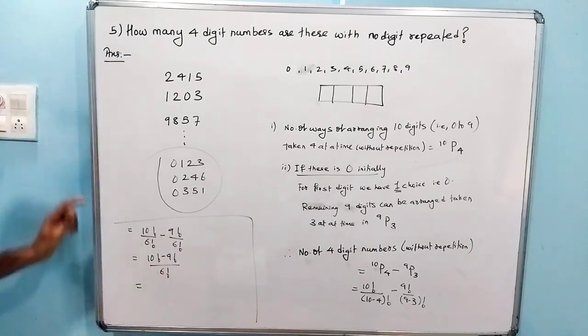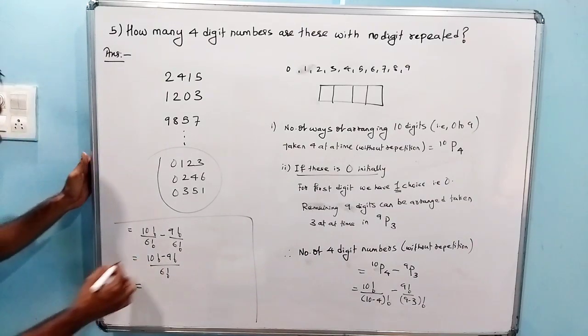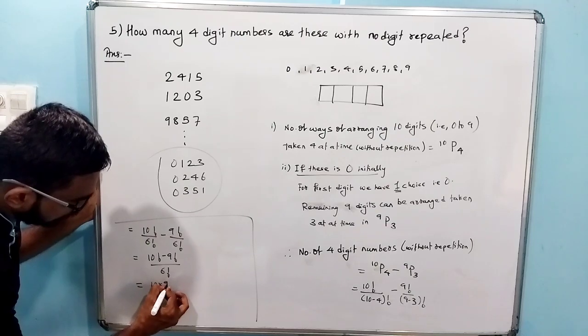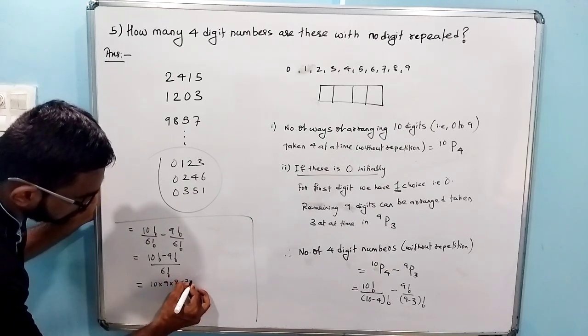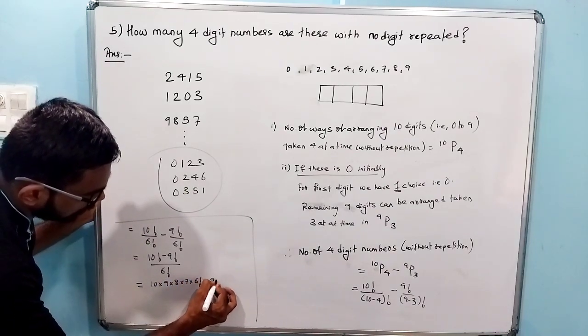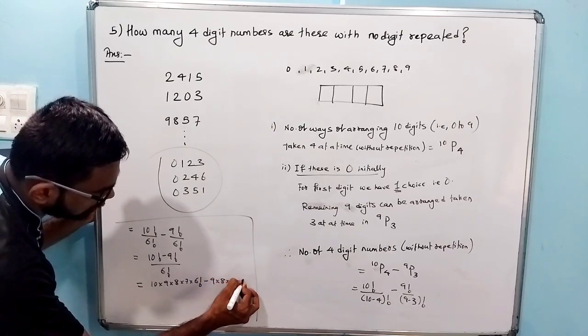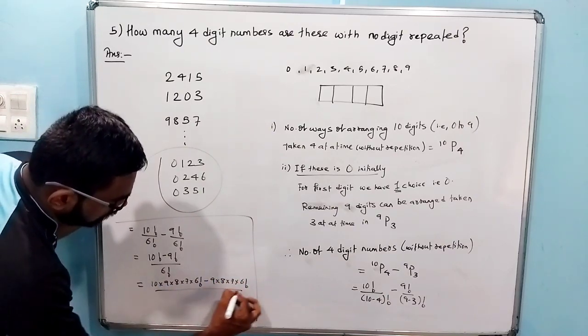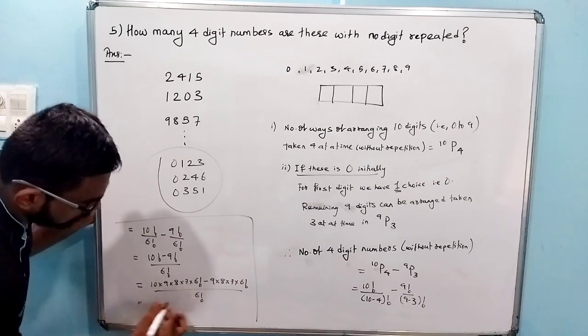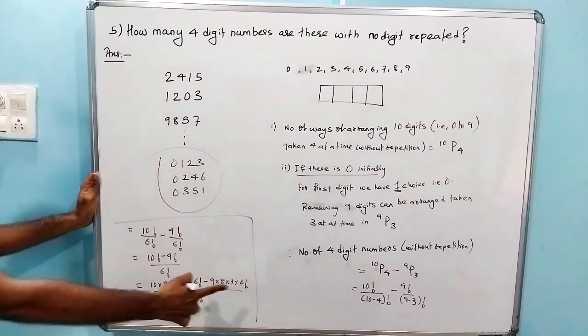So this you can simplify. Here you can reach till 6 factorial. So 10, 9, 8, 7 into 6 factorial minus 9, 8, 7 into 6 factorial upon this 6 factorial. This 6 factorial will get cancelled when we take it common.